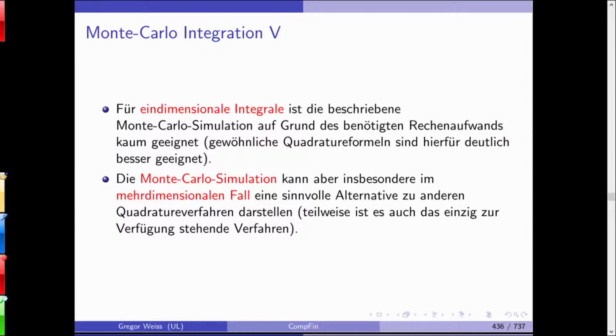And if you need to calculate integrals over more than one variable, then you will probably resort to Monte-Carlo integration. Because you no longer have those methods I've shown you, Gauss-Legendre, Gauss-Hermite, etc., and Newton-Cotes. You no longer have these methods at your disposal. They will no longer work.